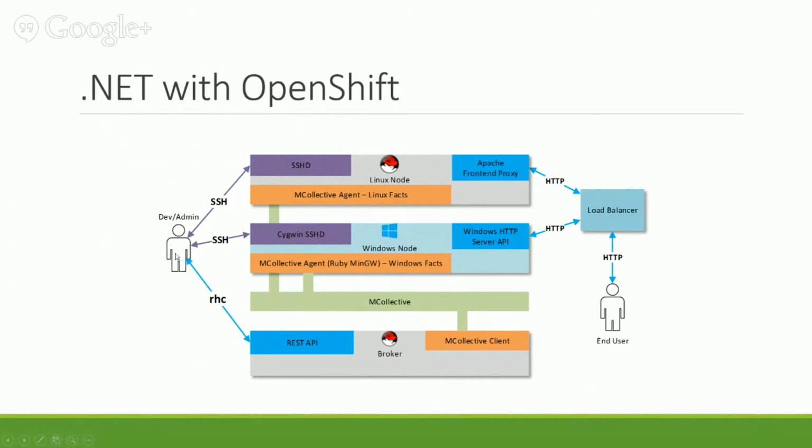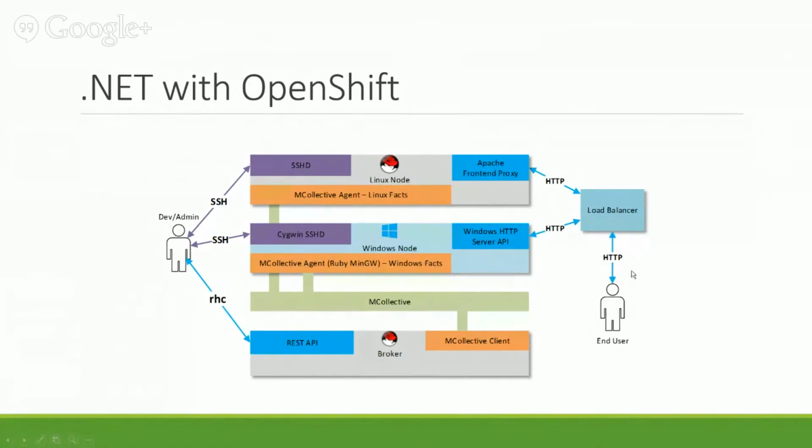That happens via SSH, and either the dev or the admin can log into Windows machines using the SSHD service that's available in Cygwin, and run commands, look at their files, etc.